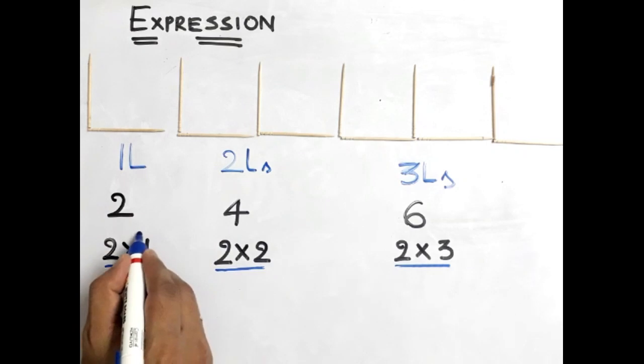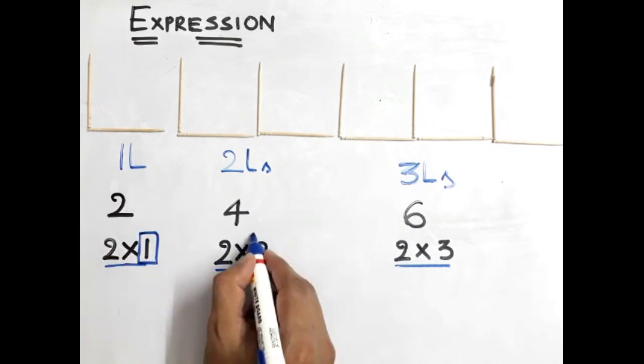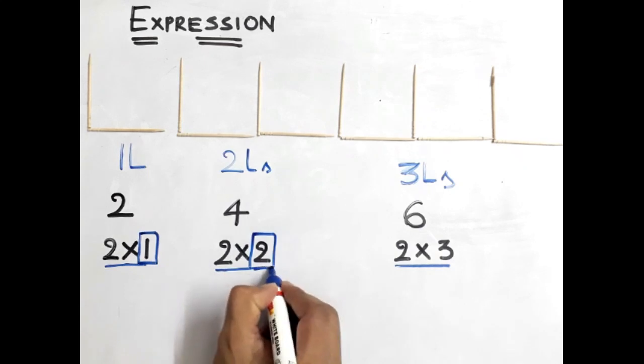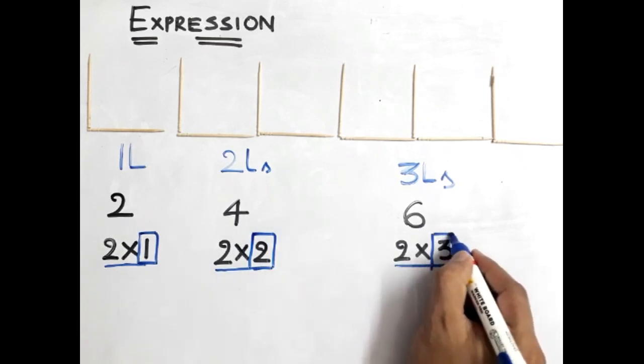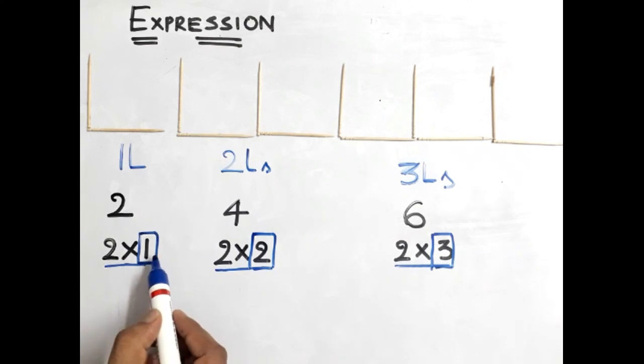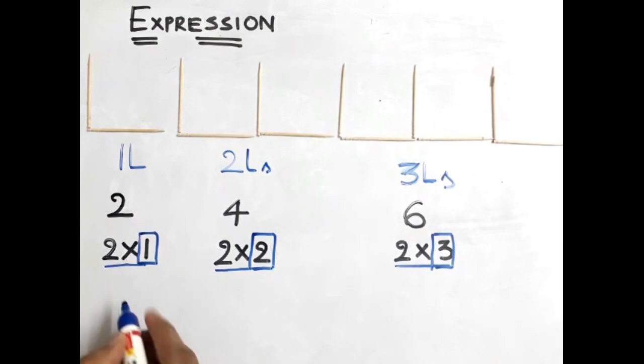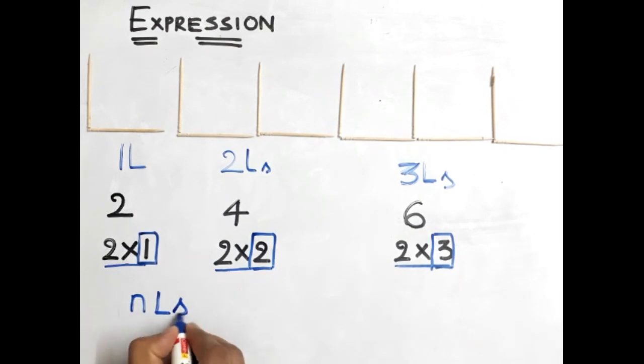For 1 L, for 2 L's, for 3 L's, for the required number of L's, what we are doing here is simply multiplying it with 2. In that case, if I want to get n L's, that means an unknown value, I am representing it with the letter n.